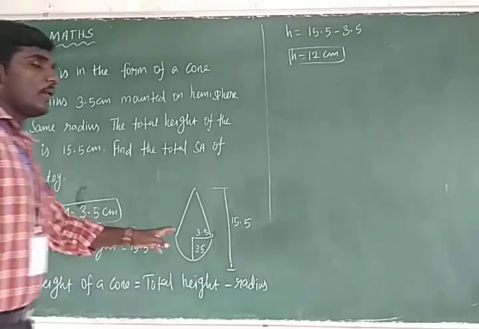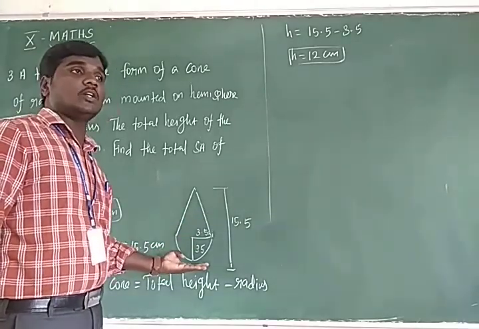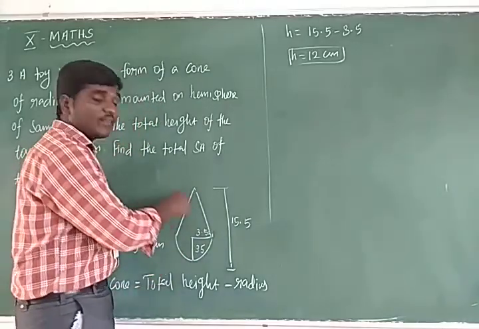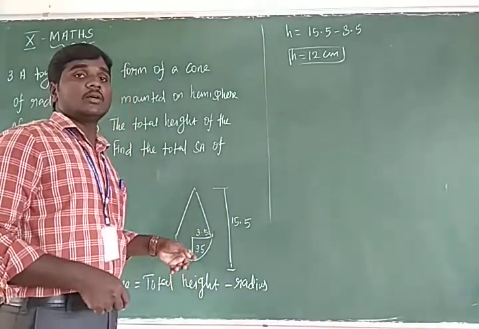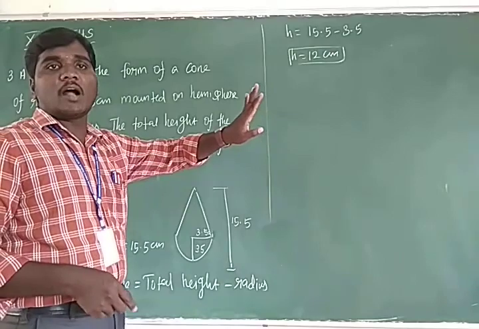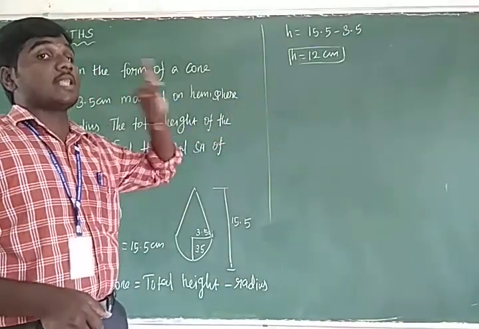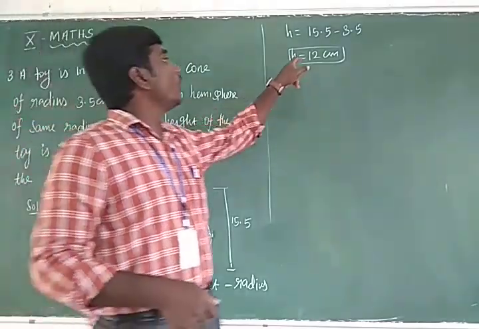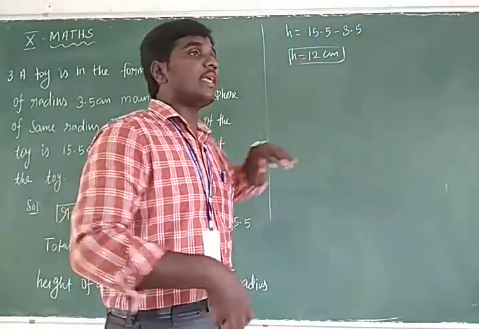We need to find the total surface area of the toy, which is the curved surface area of the cone plus the curved surface area of the hemisphere. To obtain curved surface area, we need the radius and slant height. We know only the height, so we need to find the slant height.